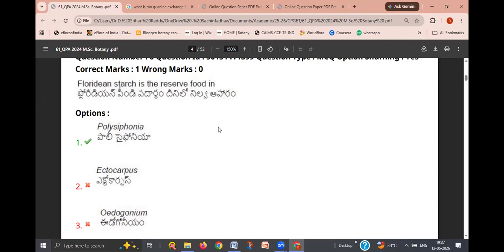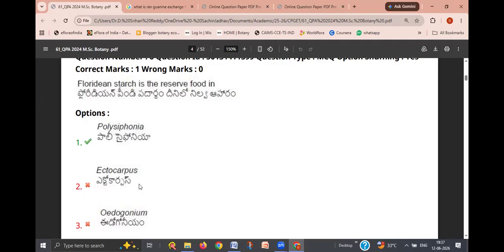Sometimes in earlier papers they asked Rhodophyceae, and they changed the option. In Rhodophyceae there are different organisms. Batrachospermum is also present, Polysiphonia is also present. Sometimes they give the option as Rhodophyceae, sometimes as Polysiphonia, because Polysiphonia belongs to Rhodophyceae. So the right answer is Polysiphonia.